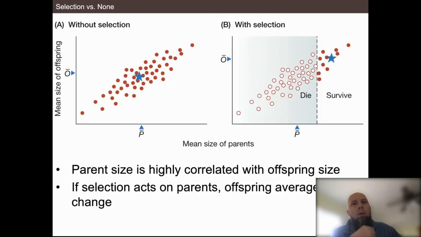All right, so what happens to a population that has variation in size, okay, if there is or is not selection? So we've been talking about populations that are variable, right? And that variation is heritable. So in both of these, we are seeing a population where the average size of parents on the x-axis can be determined, and parents can be really small, far to the left dot, or very large, far to the right dot, okay?